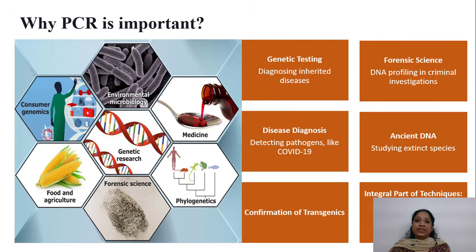In research, PCR enables us to study genes, identify mutations, and even understand the genetic basis of diseases. And in agriculture, it aids in the development of genetically modified crops that are more resilient to environmental stresses. So, in essence, PCR is important because it acts as a molecular magnifier, giving scientists and professionals the ability to detect, study, and manipulate DNA with incredible precision.